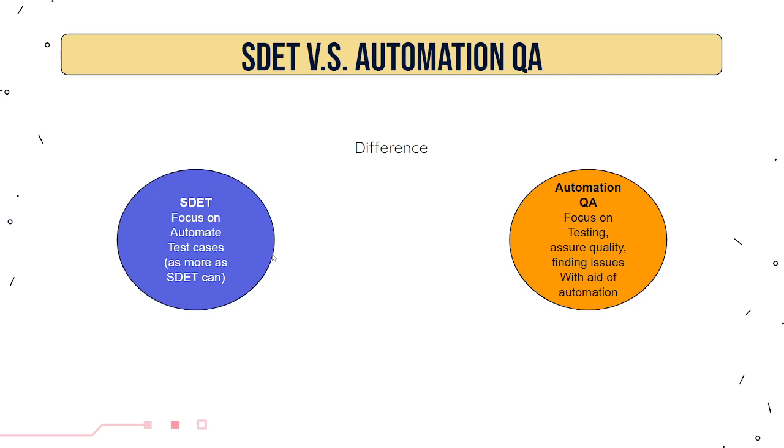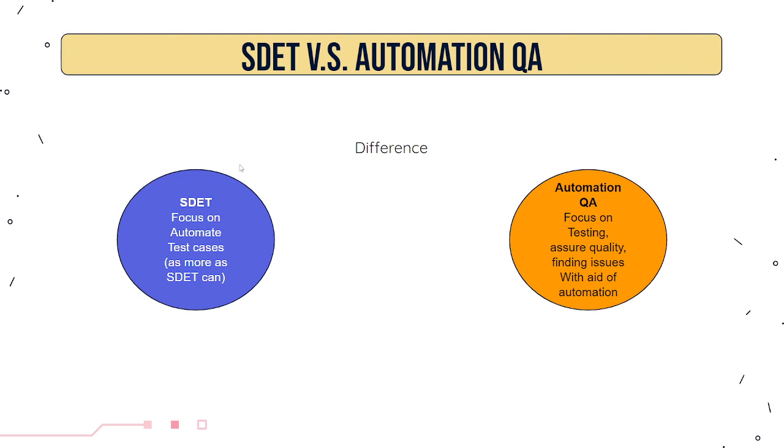But not all of the test cases can be automated. So we can only do as much as we can. We cannot ensure that 100% of test cases can be automated.